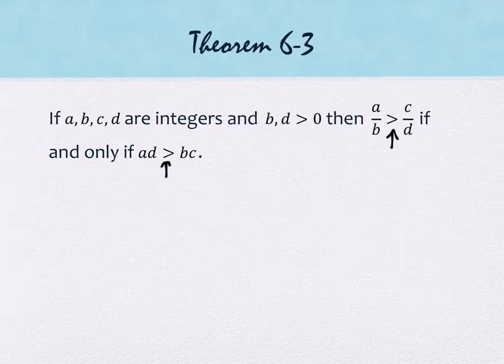There's one condition that makes this work, and that's that the denominators need to be positive. Okay? So the numerators could be negative, that's okay, but the denominators need to be positive. So if the denominator's negative, simply make it the numerator that's negative, and then you can still use the theorem.